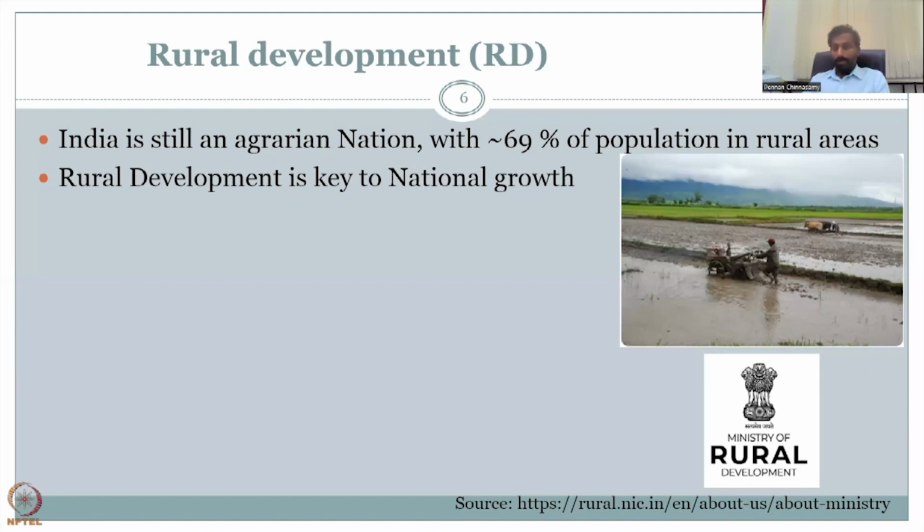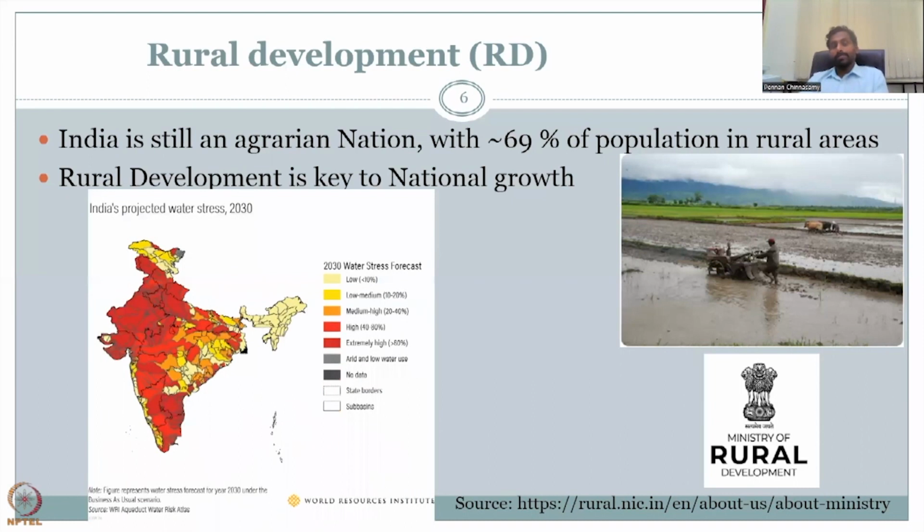And most importantly, rural development is key to national growth, not just because of more population residing in the rural areas, but because these are the areas that produce food security for the remaining 31% population in urban centers.